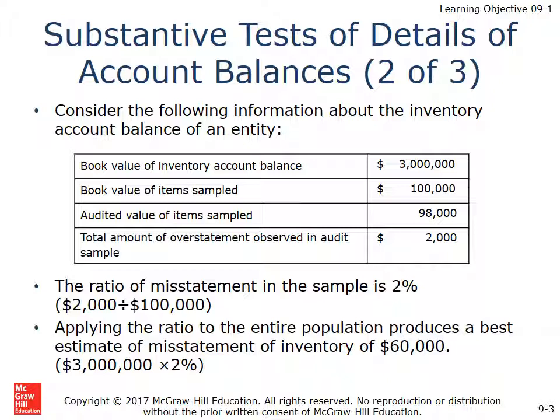So what this is saying is that in our sample, which is much smaller than our population, 2% of it is misstated. So apply that 2% to the entire population. It provides an estimate that the inventory is misstated by $60,000, or 2% of the entire population of 3 million.